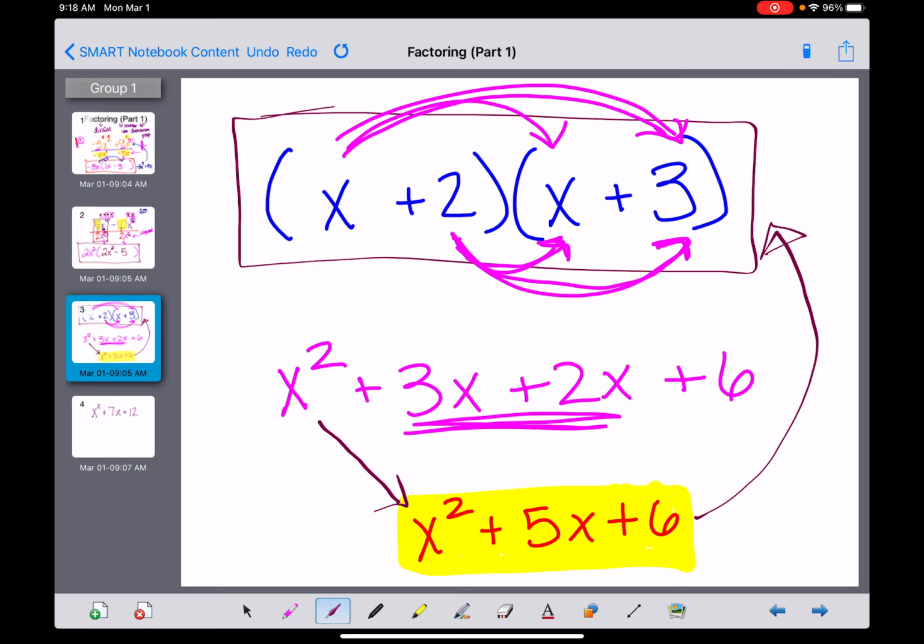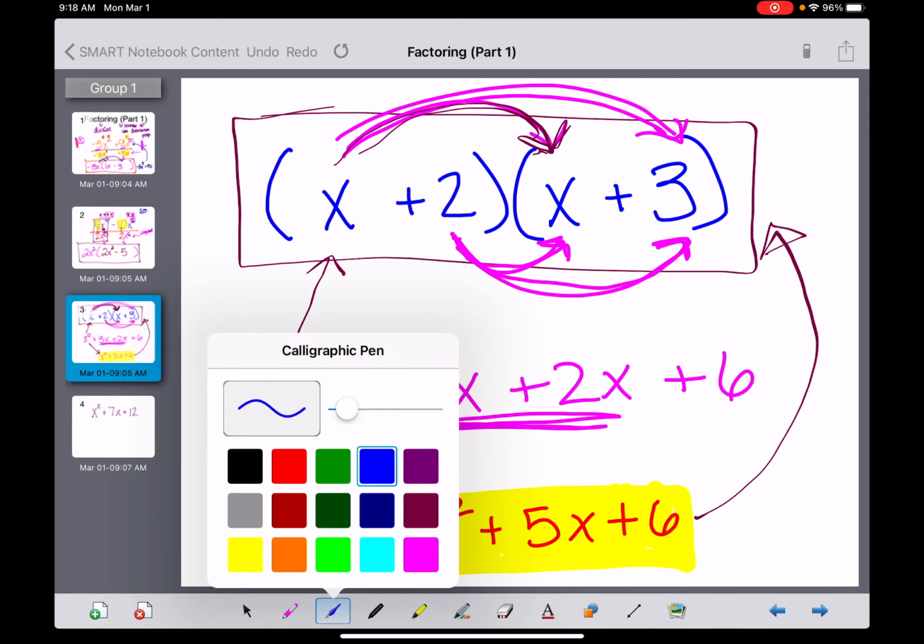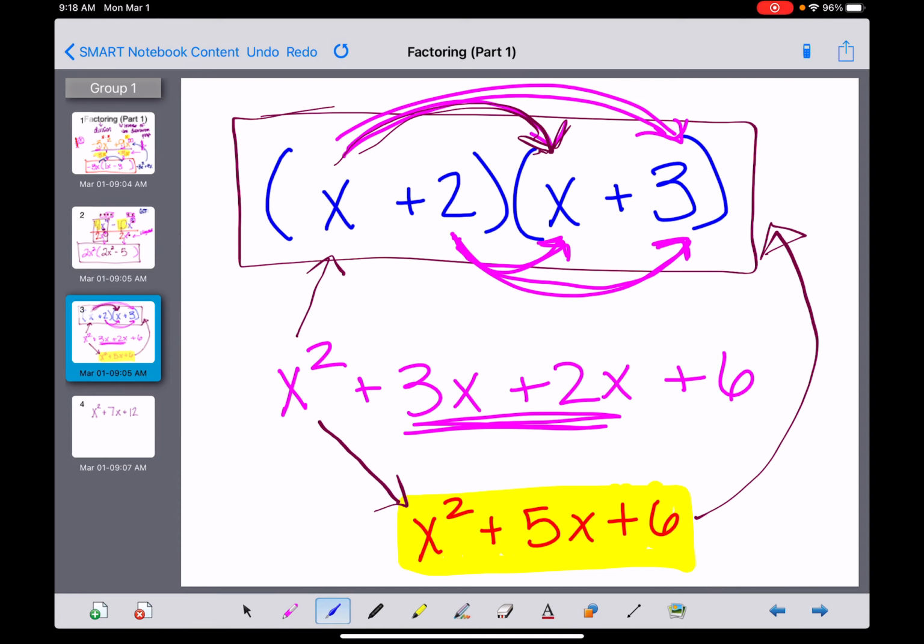So x squared matches x squared, which is our first multiplication of x times x. The last term matches our last multiplication. So 6 was our constant, and that matched our last multiplication of 2 times 3.